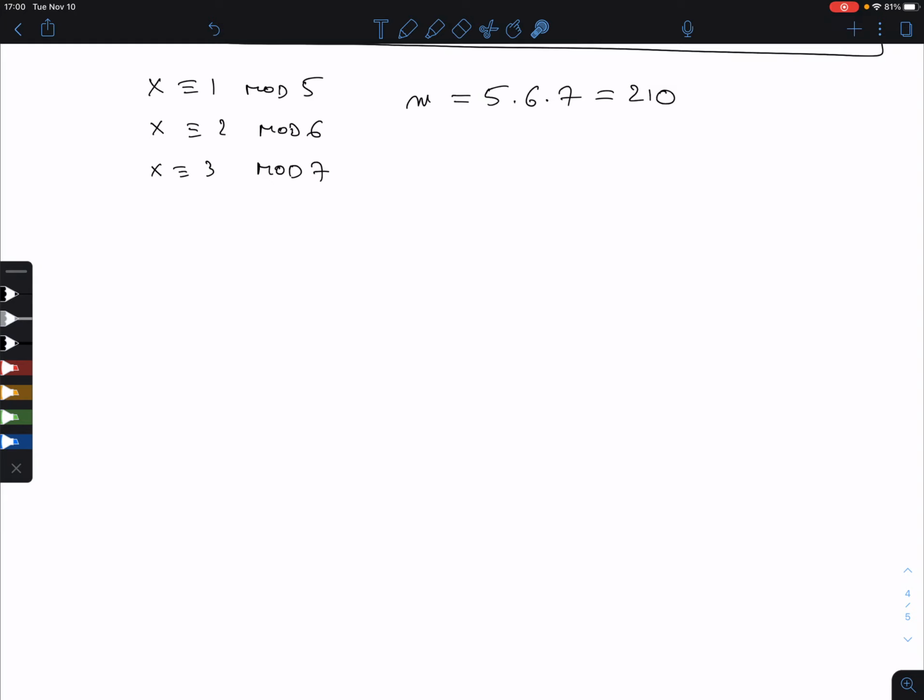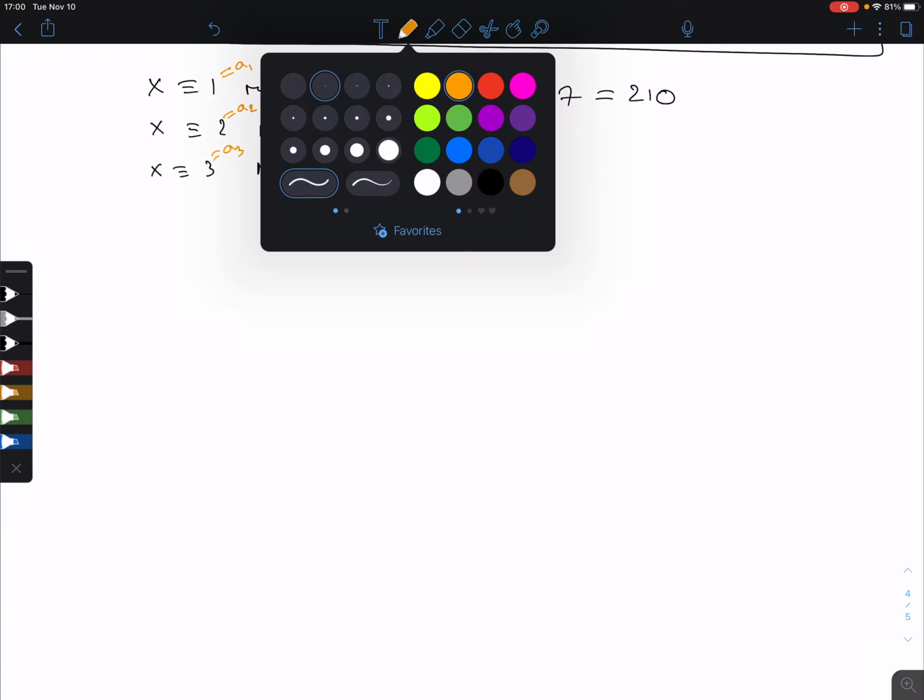So no prime number do they have in common. So what is A1? I'm going to write the A's just here: this is A1, 2 is A2, 3 is A3, and this is M1, this is M2, and this is M3. Okay, we have everything. Well, no, we need the capital M's. What are the capital M's? I do this perhaps in a different color.